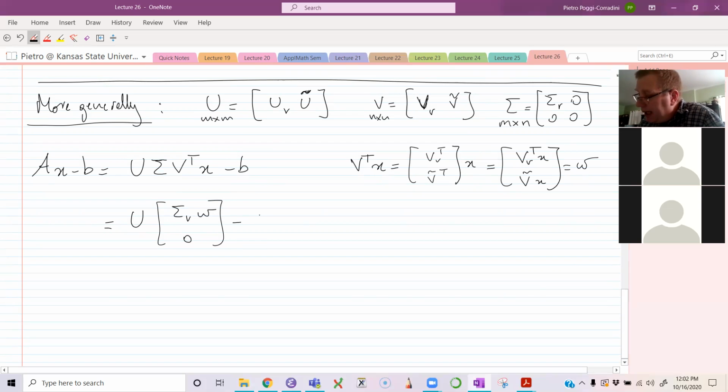So I'm going to write it as U U transpose b so that I can factor out U here. And U transpose b also has a block structure.